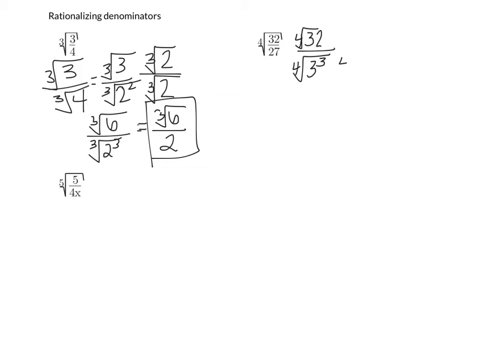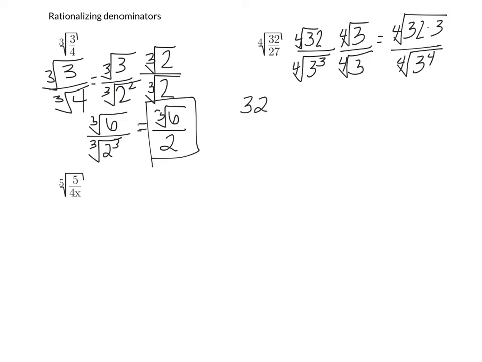So I'm going to multiply by the fourth root of 3. Whatever I do to the denominator, I have to do the numerator. So I'm going to write this as a fourth root of 32 times 3 over the fourth root of 3 to the fourth. And I can simplify that numerator, so let's look at that real quick.